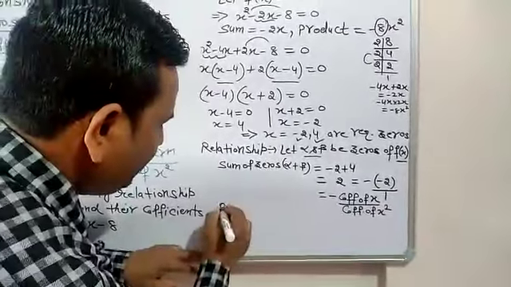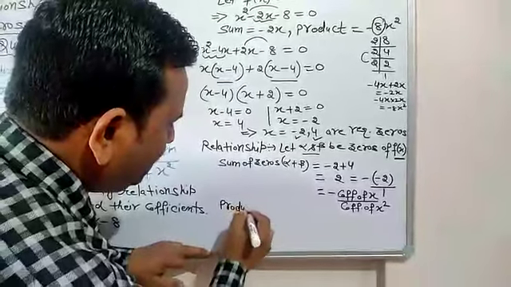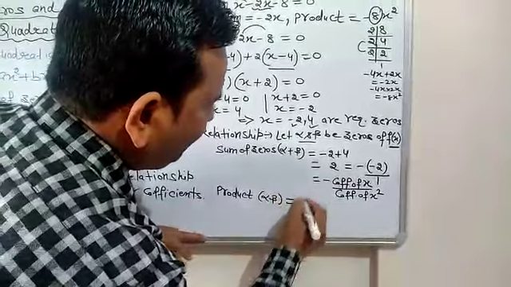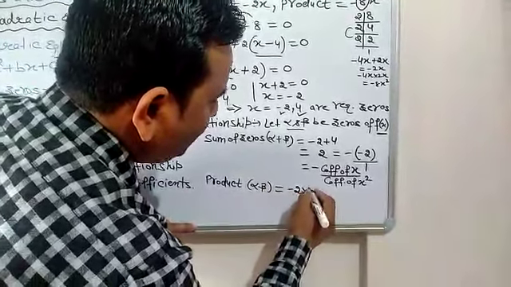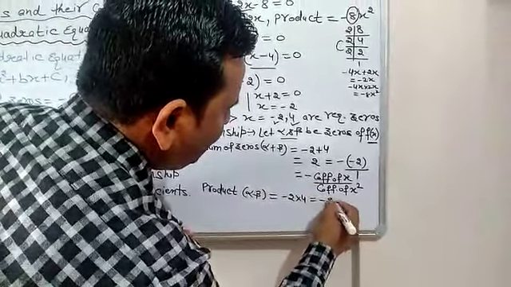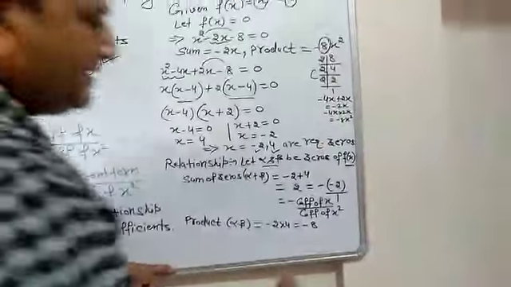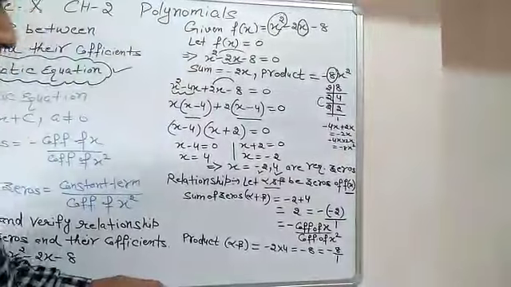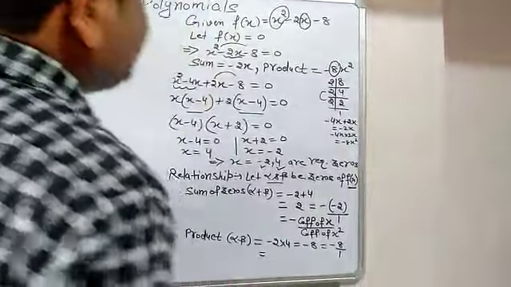Now we try to find out the product of zeros, alpha into beta. Alpha value is minus 2, beta value is 4, which is equal to minus 8, and for minus 8 we are doing nothing, we can just write this as minus 8 upon 1. So again we have to check our equation.